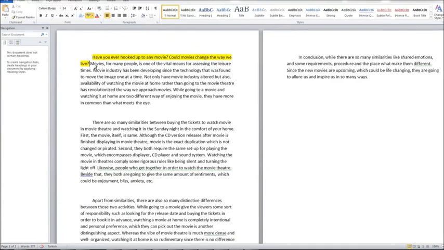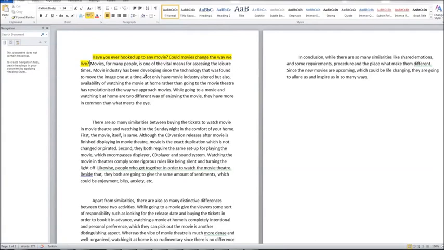I have to narrow down the thing that I'm talking about in this essay. That's why I used sentences that are generalized rather than specific.